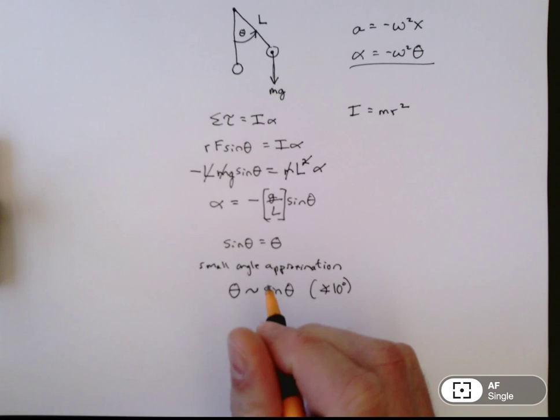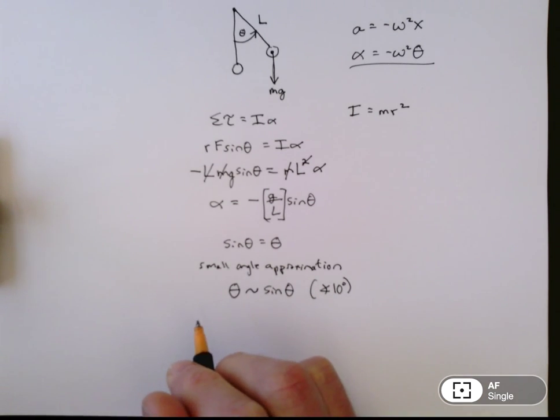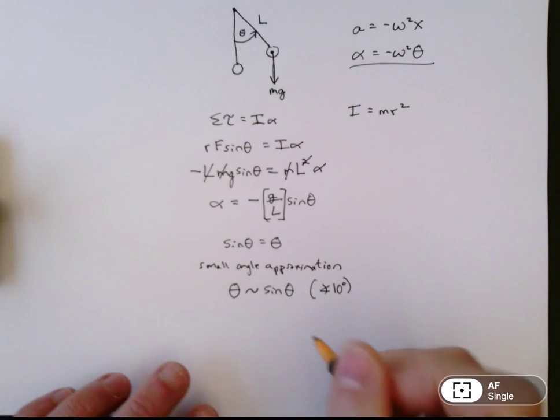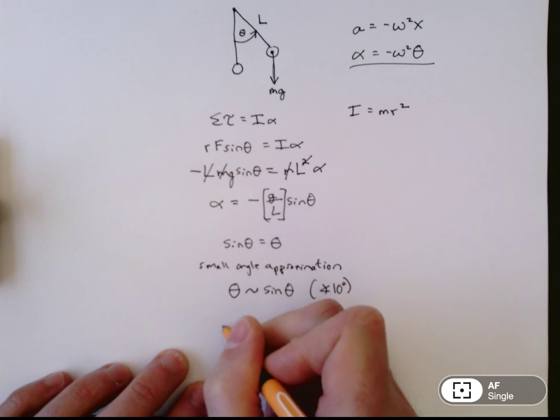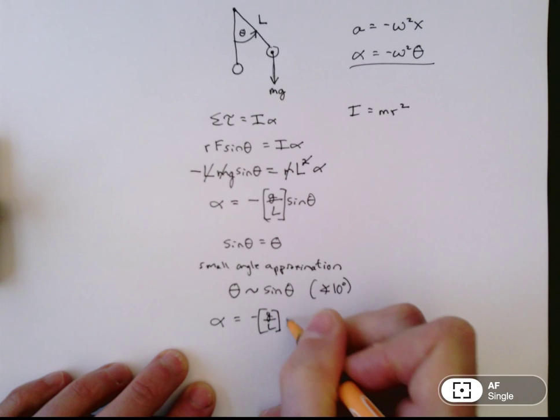I should really say what that is in radians, but hopefully you get the point. Try it on your calculator if you want to. Figure out what 10 degrees is in radians, and then take the sine of 10 degrees, and you'll see that they're virtually exactly the same number. So using that small angle approximation, I can literally replace the sine of theta with theta.